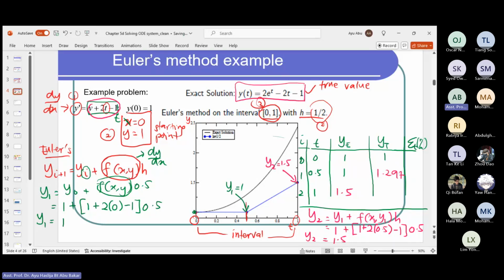Yes. Next, 2.437. Again I repeat, this one uses the exact equation, and this one uses Euler's equation, where you need to find the dy/dx of the actual equation.